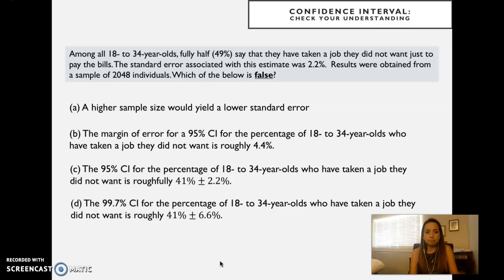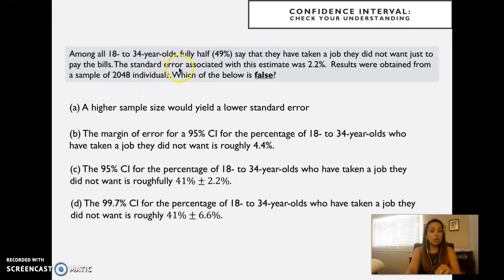Now, before we move on and learn how to compute it specifically, I want to check your understanding of the concept. So let's analyze this particular statement. Among all 18 to 34-year-olds, fully half or close to half, 49%, say that they have taken a job they did not want just to pay the bills.